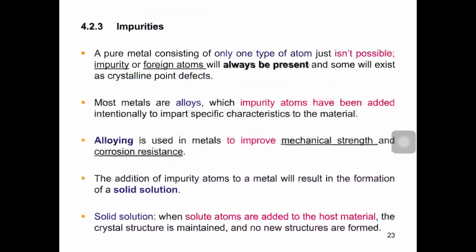Okay, and then the next is about impurities in point defects. The first one is a vacancy, the second one is an interstitial, and the third one is impurities. We know that a pure material consisting of only one type of atom is just not possible, except if we control the environment with the sample or materials.